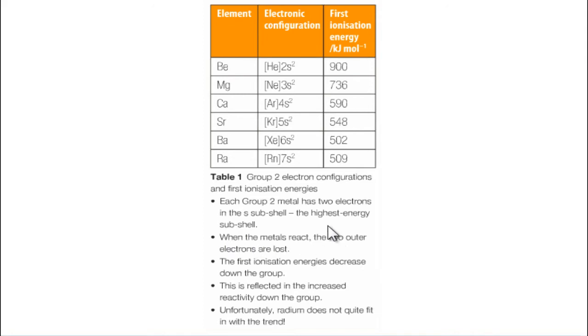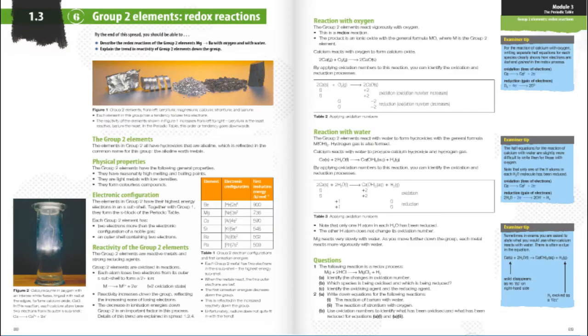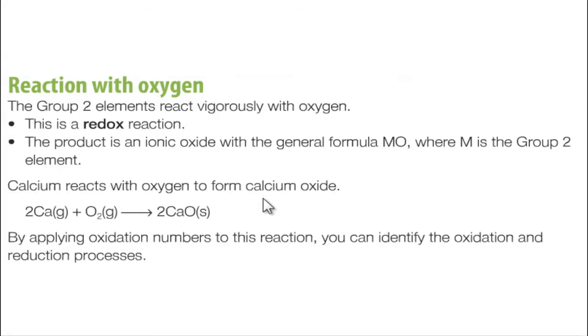When the metals react, the 2 outer electrons are lost. The first ionization energies decrease down the group. This is reflected in the increased reactivity down the group. But radium does not fit in with the trend because it's radioactive. But we're not going to talk about radium, and we need to only concentrate from beryllium to barium for OCR A chemistry.